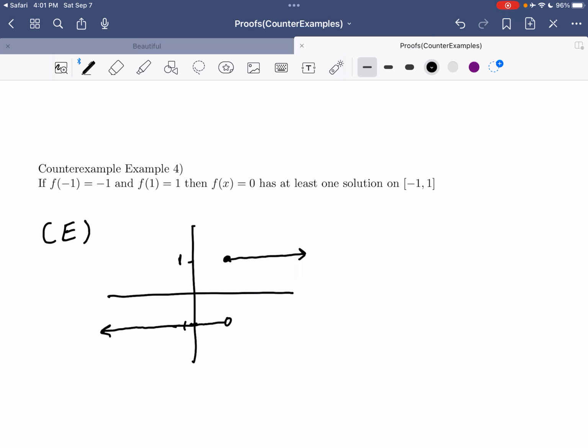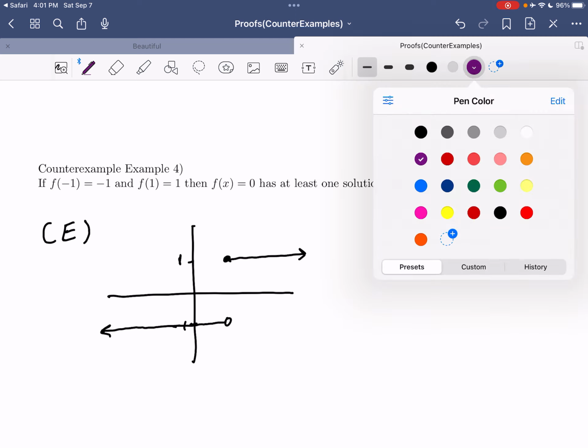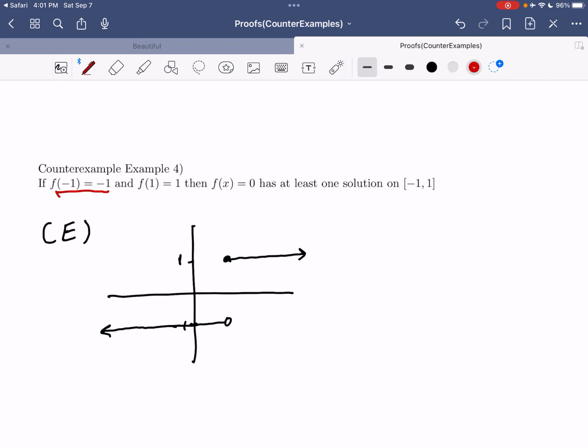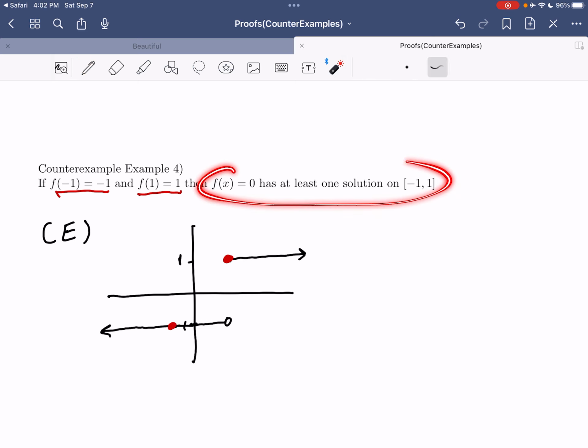Now, clearly, it satisfies f of negative 1 equals negative 1. That's right here. It satisfies f of 1 equals 1. That's right here. So it does what we want it to do. But notice, f of x equaling 0 has no solutions because it never hits the x-axis, and it certainly doesn't hit it from negative 1 to 1. So this would be a great counterexample.